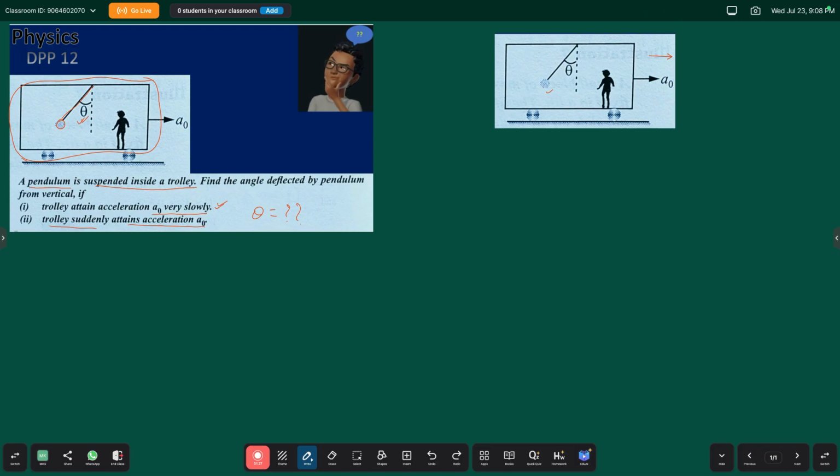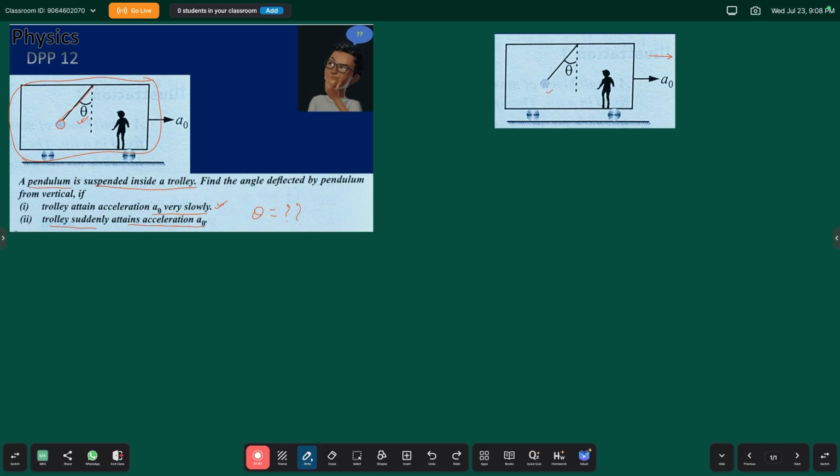So when it attains an acceleration A naught, at that time also the total force on it, when observed from the trolley frame, will be zero.